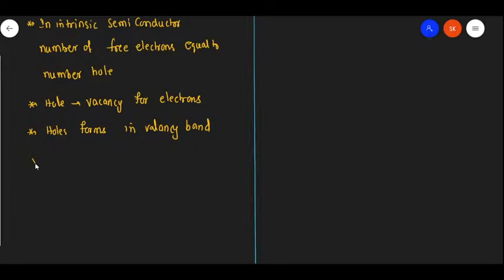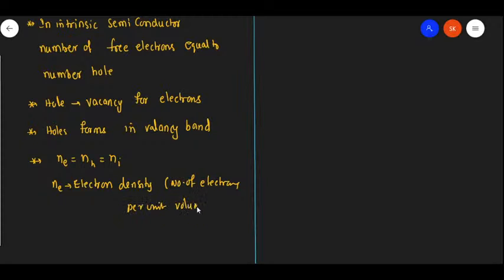Okay, and next, we are saying that the electron density is equal to the hole density, which is called the intrinsic charge carrier density. Ne is called the electron density or electron concentration. Electron density means the number of electrons per unit volume.